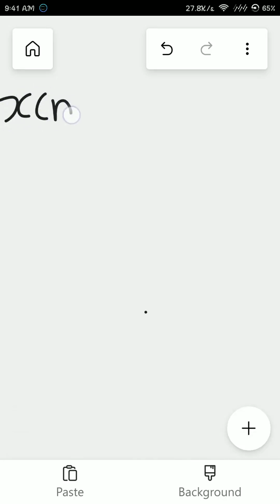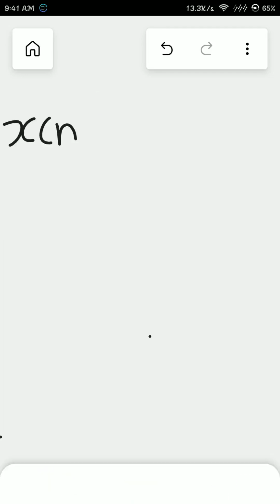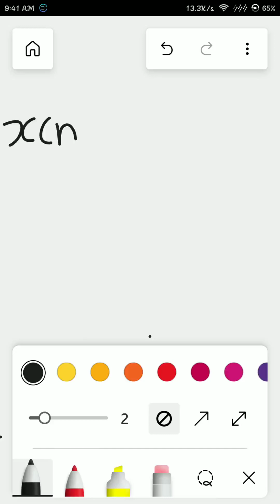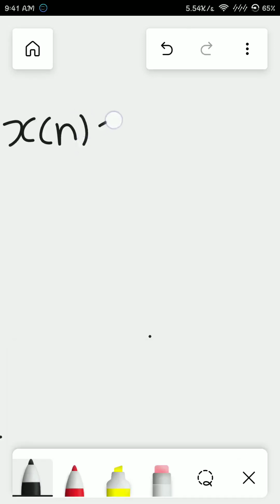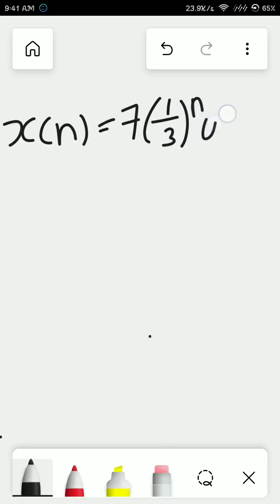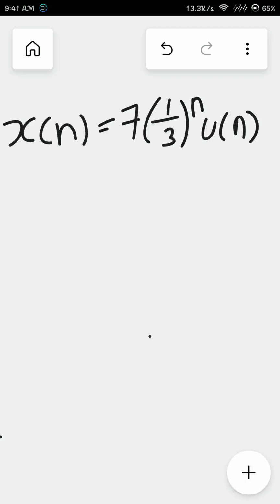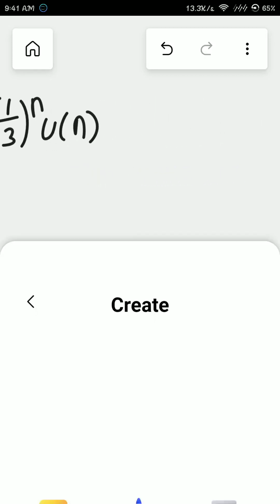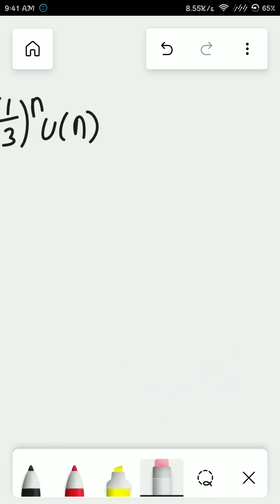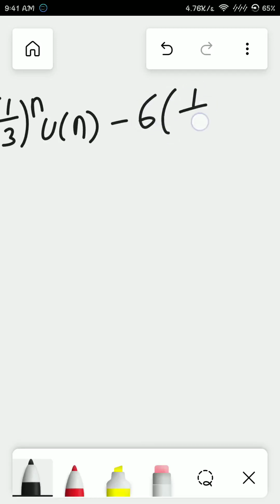My question is: x of n is equal to 7 into (1/3)^n into u of n, minus 6 into (1/2)^n into u of n. So this is my required question.